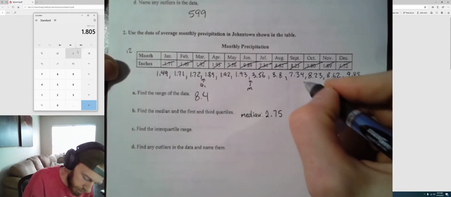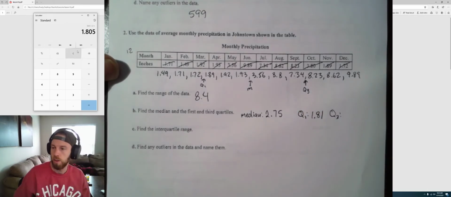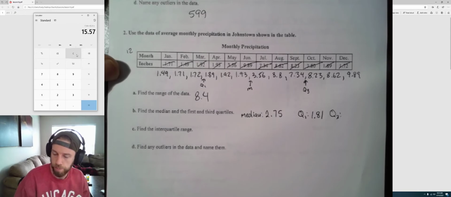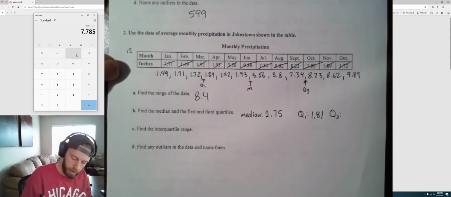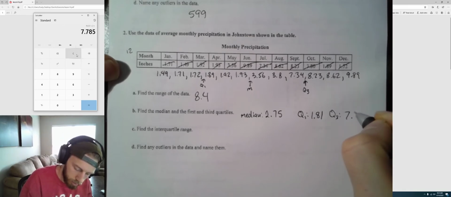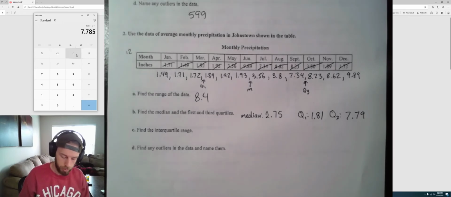We'll do the same thing to the other side over here. The 6 numbers, it's going to be right in between those 2 numbers for Q3. So we are going to add up 7.34 plus 8.23, divide that by 2. And the average of those two is 7.785, and that 5 is going to bump that 8 up to a 9, 7.79 for Q3.